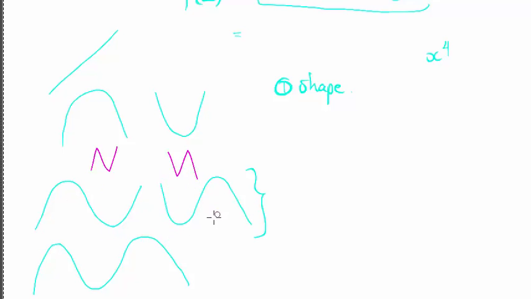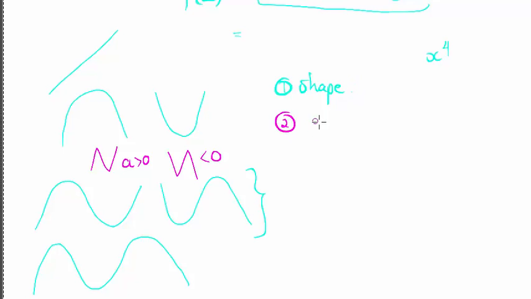This would be the shape if my leading coefficient is positive. If the leading coefficient, the coefficient of the x with the highest power, is negative, it will have this upside down N. So that's going to be the shape.